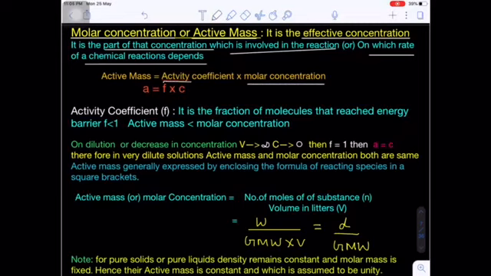So A is equal to F into C, where A is called active mass, F is called activity coefficient, and C is called molar concentration.